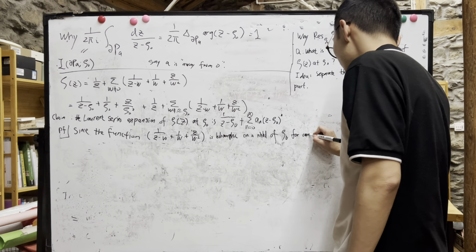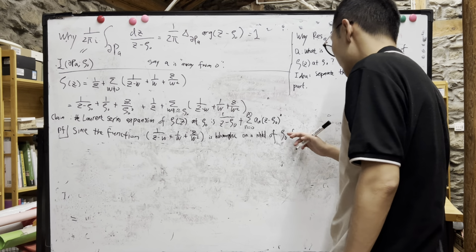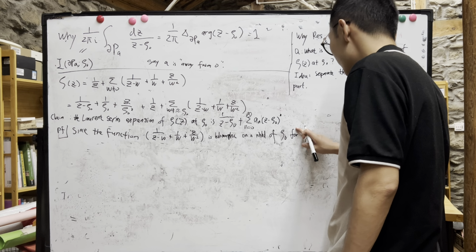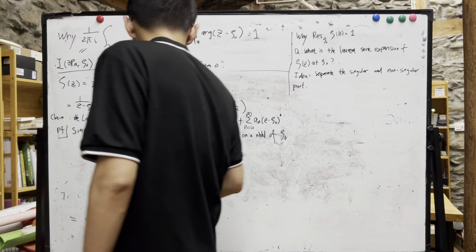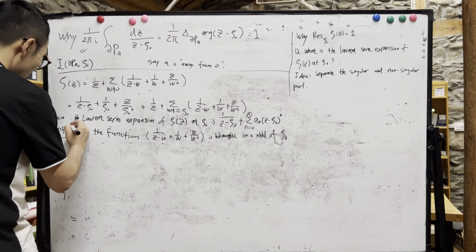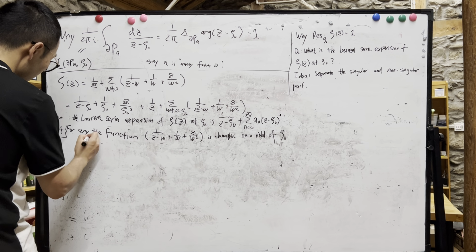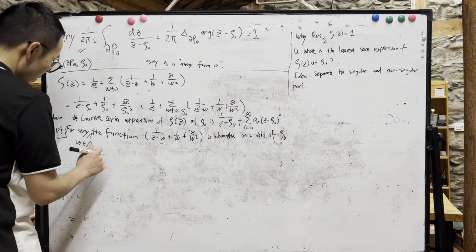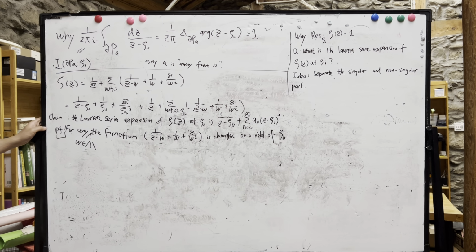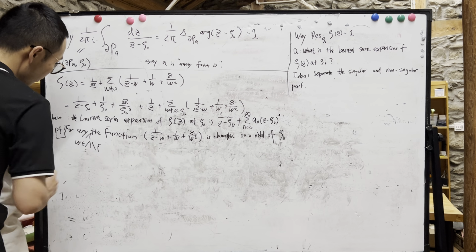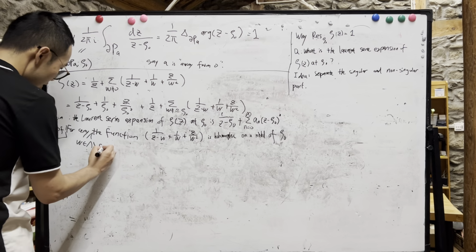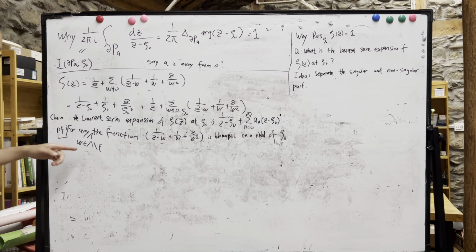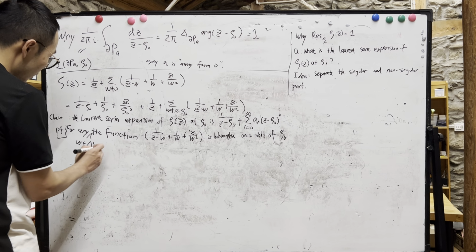For any omega in this lattice point set, minus, here I think in the past I used this notation to denote the lattice points including zero.